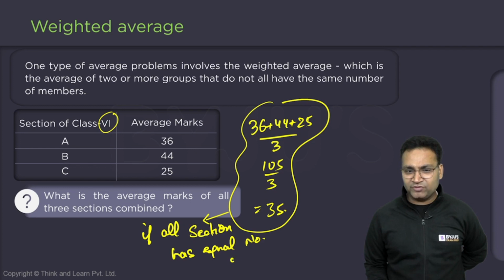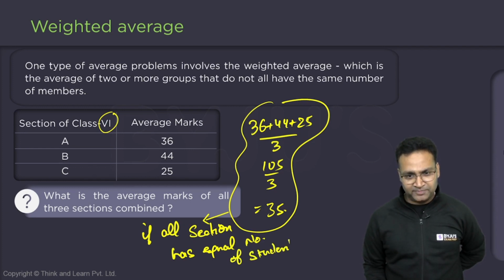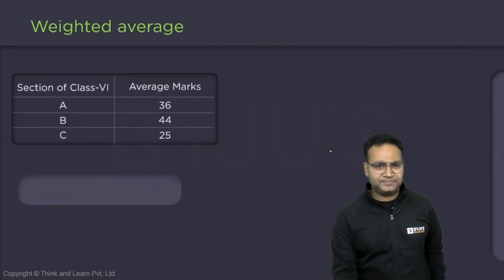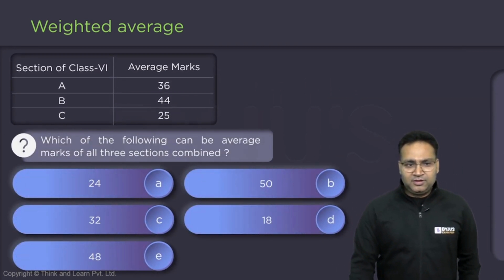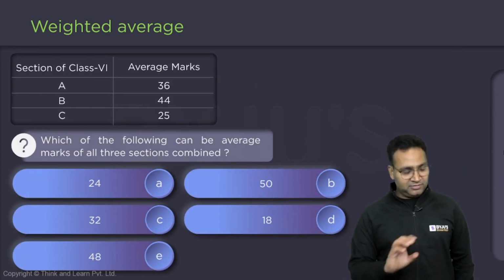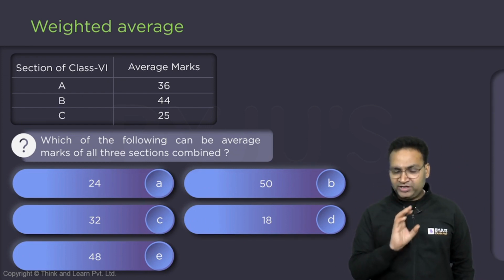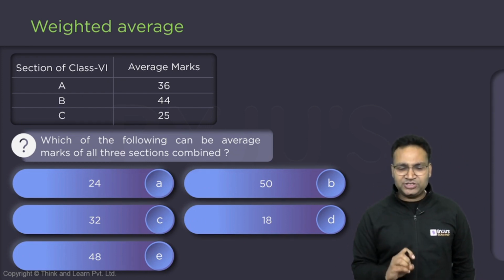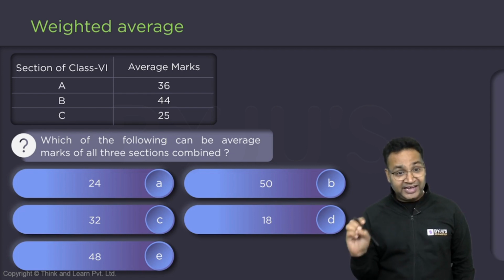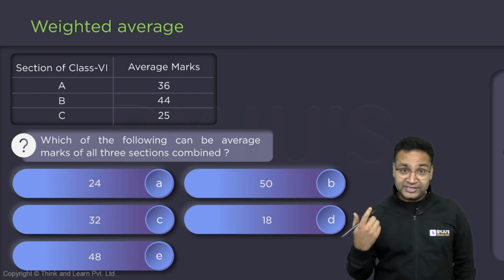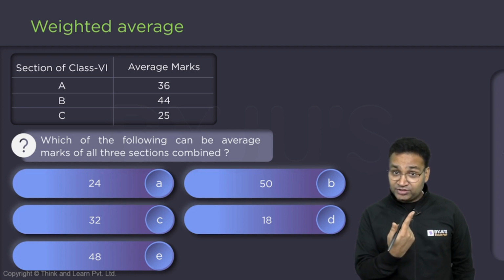So what's the right way of doing it? I will tell you this. Just wait. Let me ask you another question. I am still not telling you the number of students in each section. My question is, which of the following can be the average marks of all the three sections combined? You remember part 1 of the average? What I have told you?